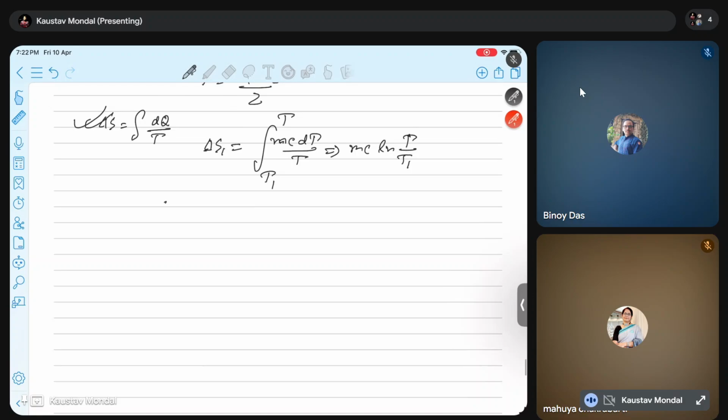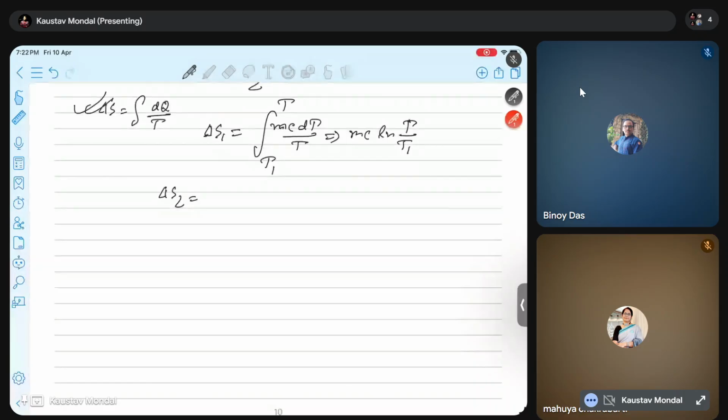Similarly for liquid 2, delta S2, the temperature changes from T2 to T, so mc dt by T gives mc ln T by T2.